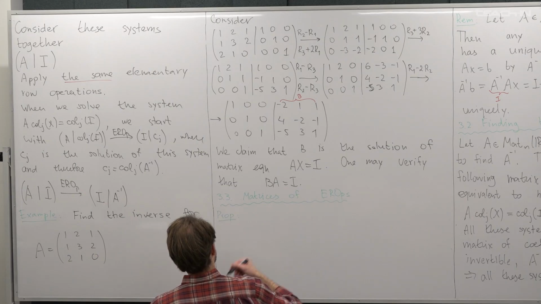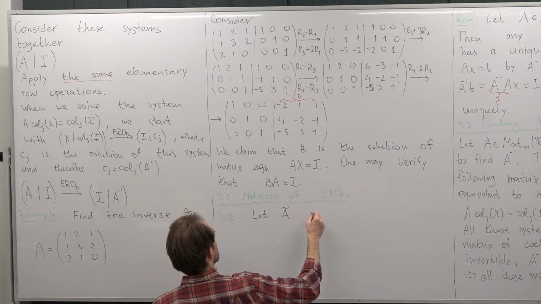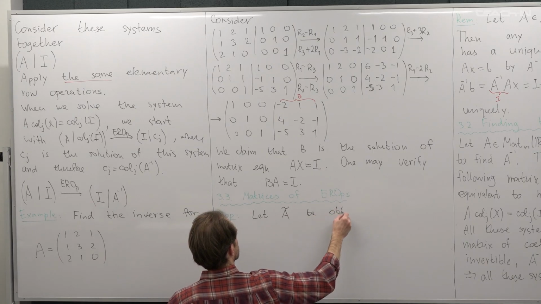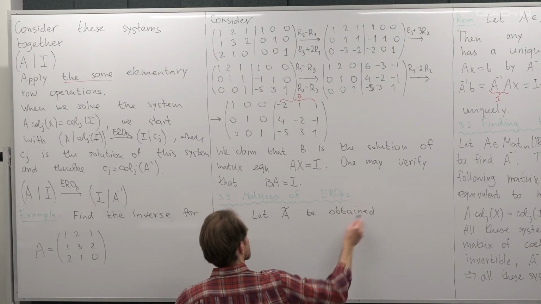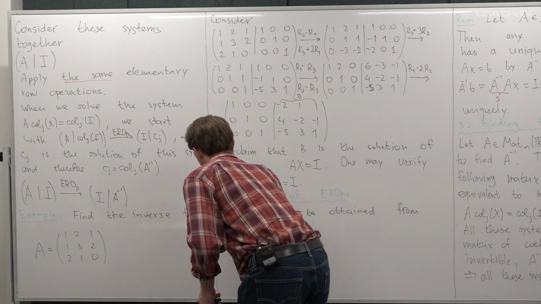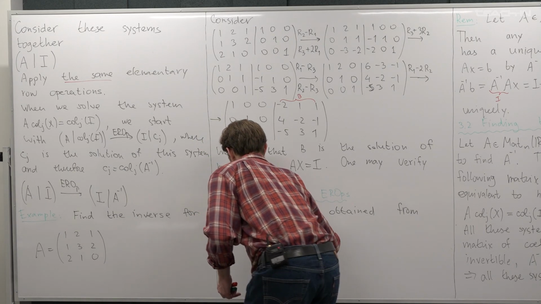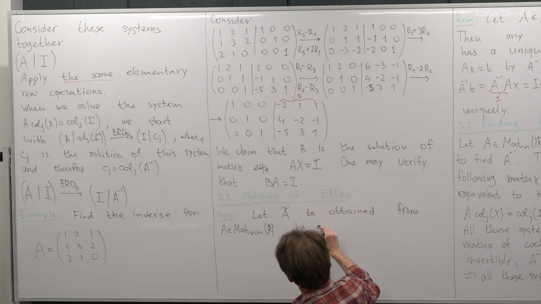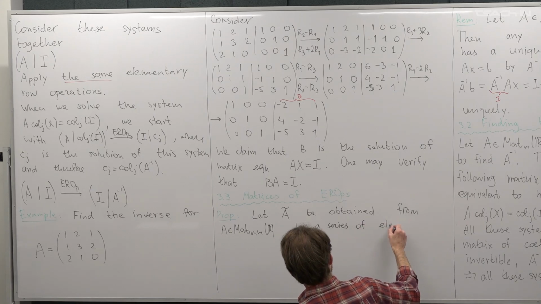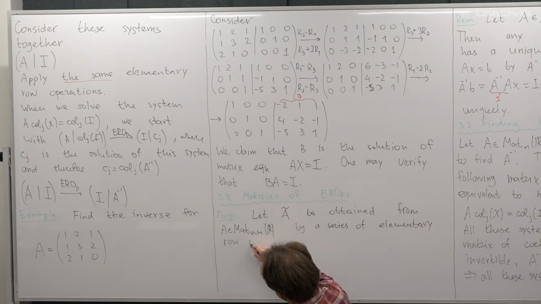So let A tilde be obtained from A by a series of elementary row operations.